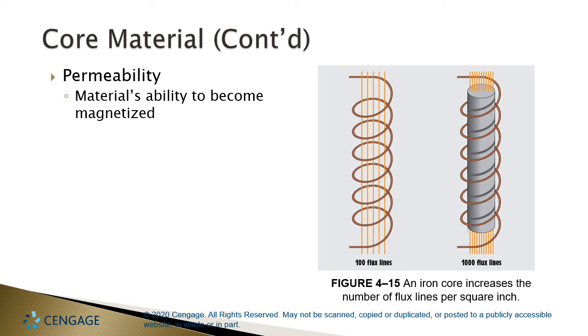On the other hand, if you were to put an iron core with a much higher permeability, you're going to generate up to 1,000 flux lines. It doesn't necessarily have to be 10 to 1. This is just an example to give you an idea of the comparison, but you can dramatically increase the strength of the magnetic field by using a more permeable material.